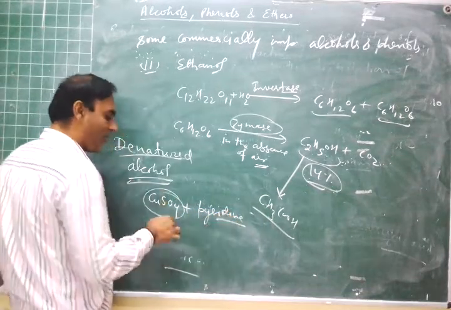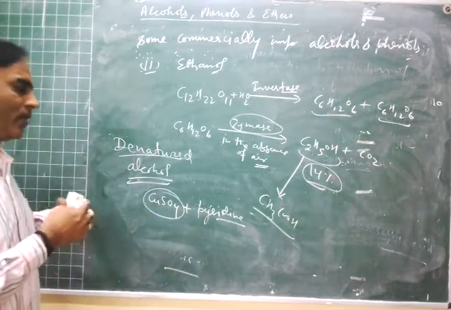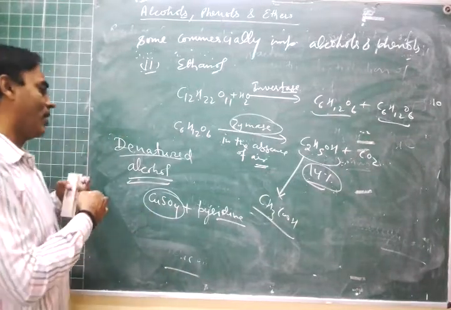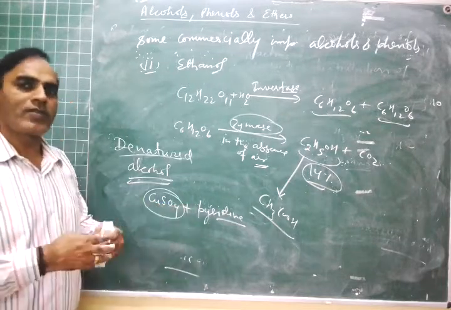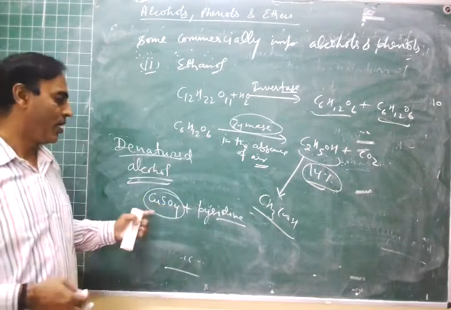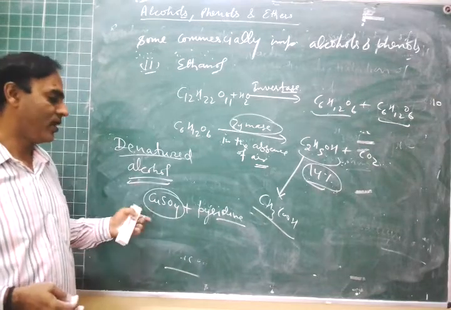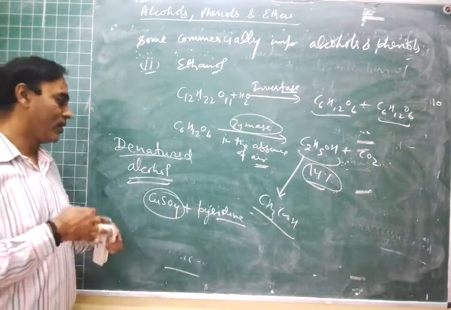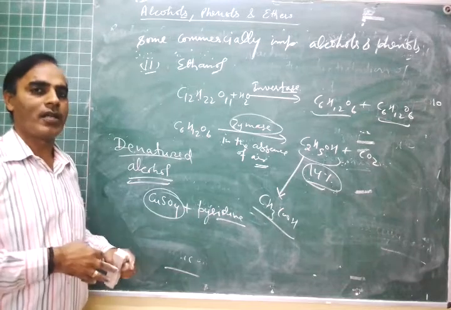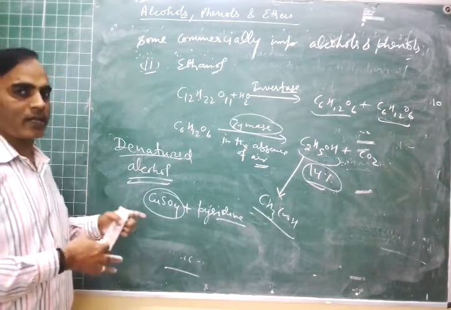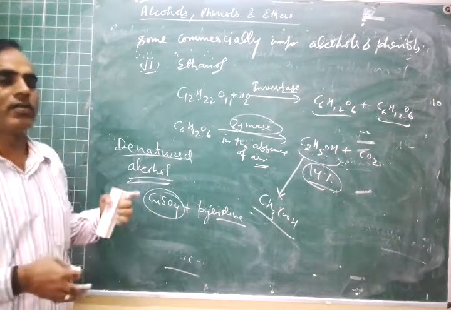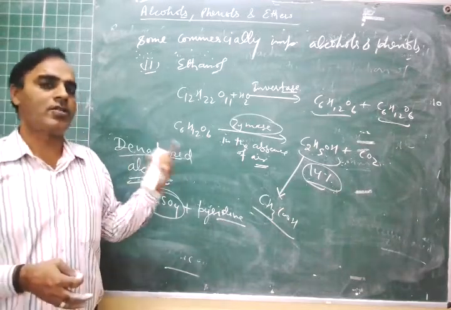Now copper sulfate provides color to the alcohol so that it can be easily identified that it is denatured alcohol, and pyridine provides foul smell to the alcohol, and both these are also dangerous. Copper sulfate is poisonous, so the alcohol becomes unfit for drinking and it should not be drunk because it can cause death. So we should not drink denatured alcohol.